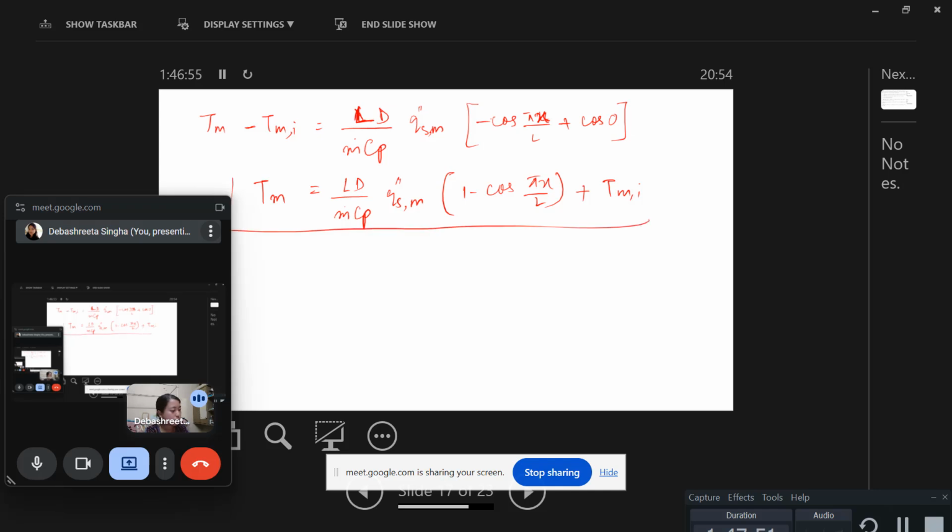So this is how the mean temperature varies with x.